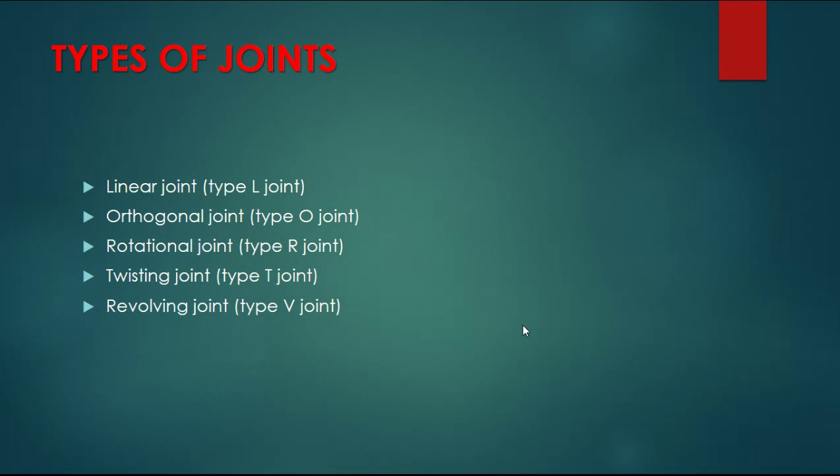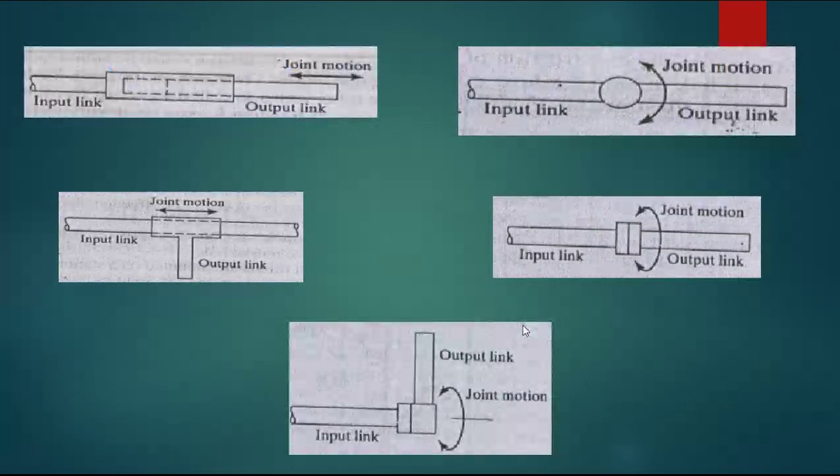Linear joint, also called an L-type joint. Then the orthogonal joint, also called an O joint. Then the rotational joint, we can say an R joint also. Then the twisting joint, also called a T joint. Then the revolving joint, also called a V joint. This is the exact image of the joints.